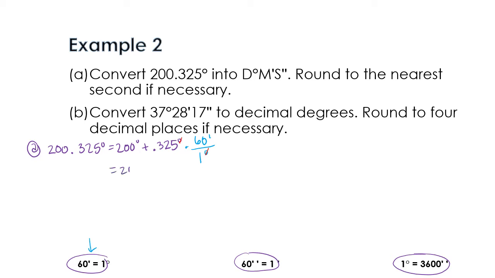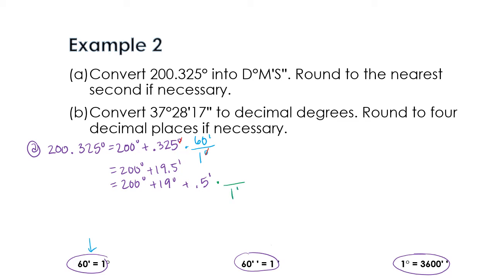When you multiply that all out, you get 200 degrees plus 19.5 minutes. Now I've got my whole number degrees and my whole number minutes, but I need to take this 0.5 minutes and convert it into seconds. What's the relationship we know? Again, I'm trying to get rid of the minutes here.